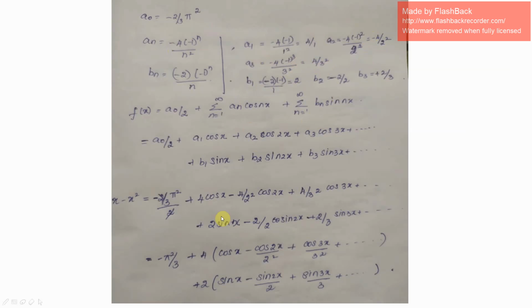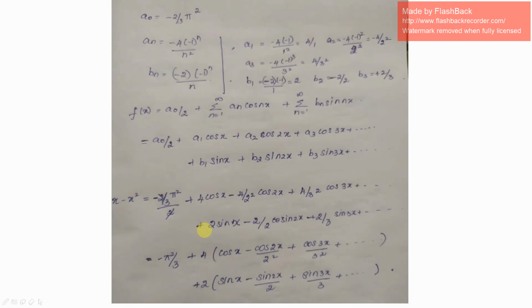Okay, so now everything I'm going to substitute in this formula. So it will be minus 2 by 3 pi squared plus 4 cos x minus 4 by 2 squared cos 2x plus 4 by 3 squared cos 3x plus etc. up to, you will get up to infinity.